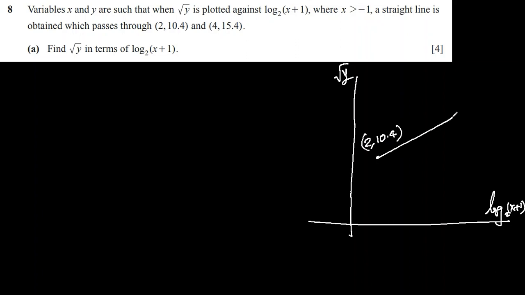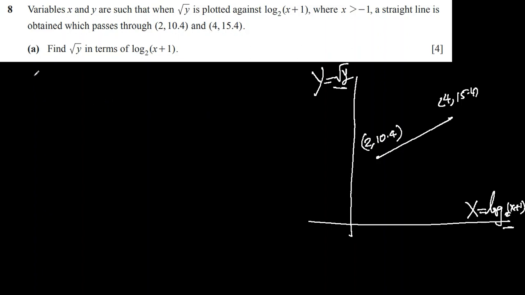And we have 4, 15.4 here. Find square root y in terms of log base 2 x plus 1. Okay, they are the actual ones which are here. But to make it simple, let's write capital Y in place of this and capital X in place of this one. That will make our equation easy.